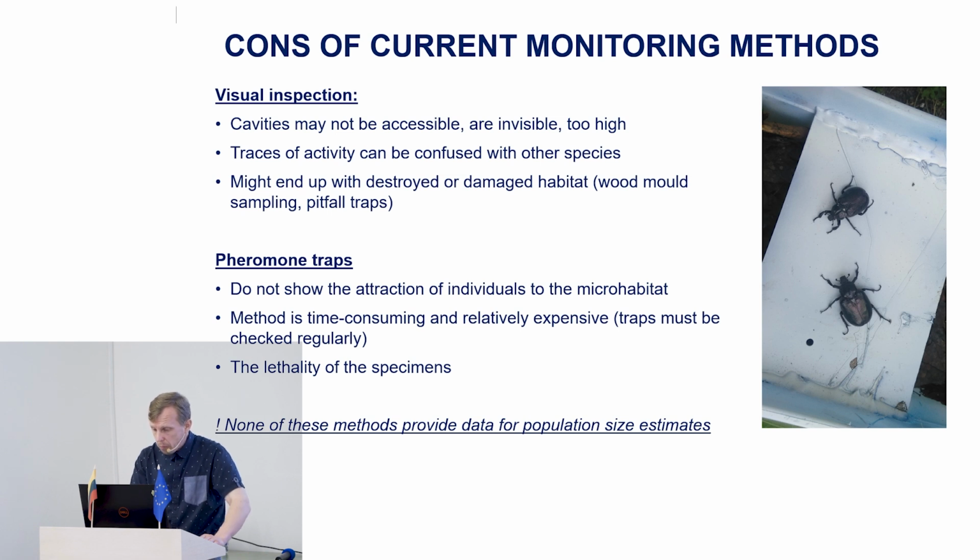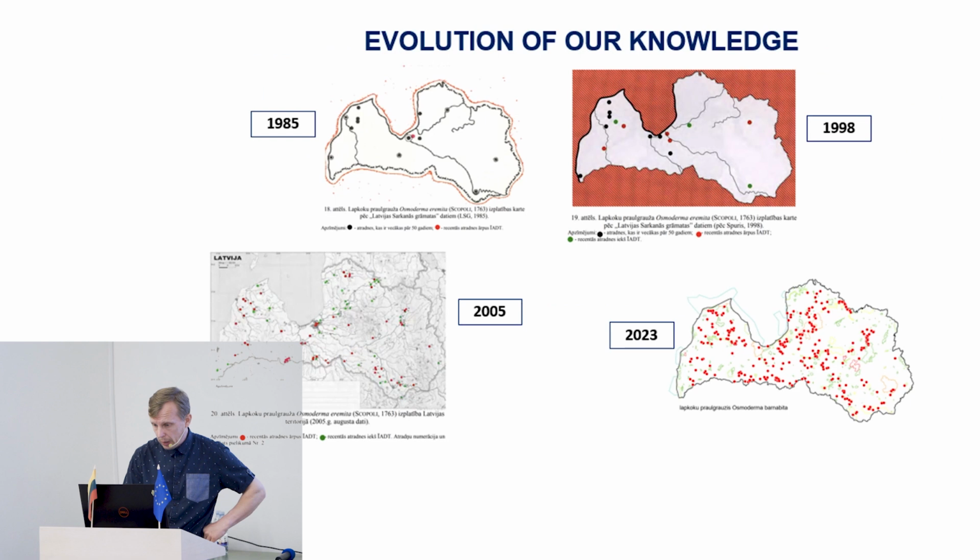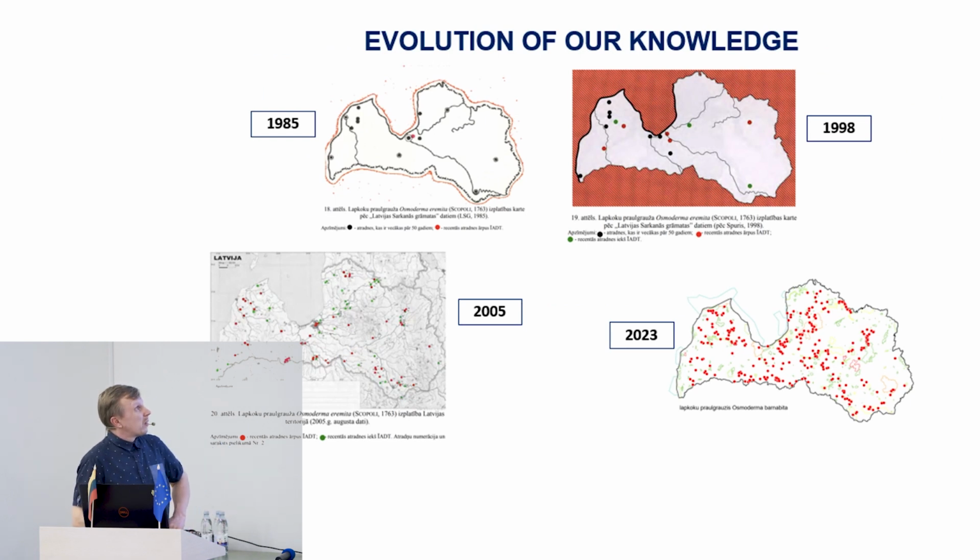So, I want to show you the situation with records of occurrence of Osmoderma in Latvia. Here you can see four points, and you can see how our knowledge of Osmoderma in Latvia has improved.